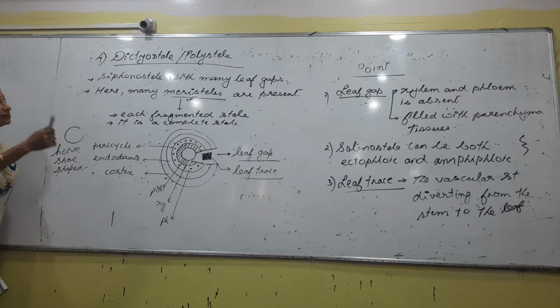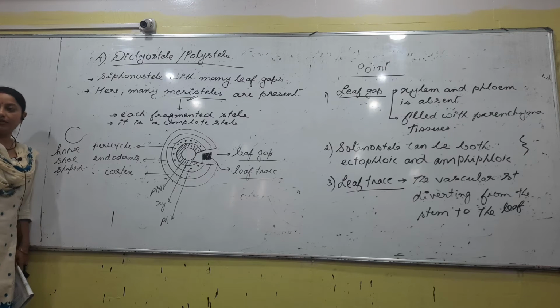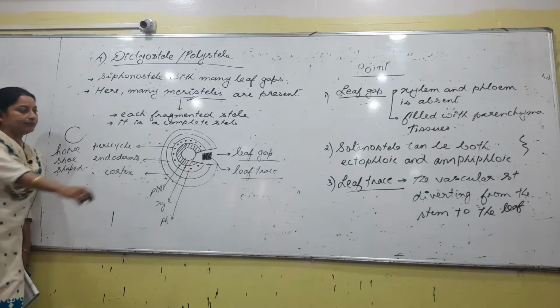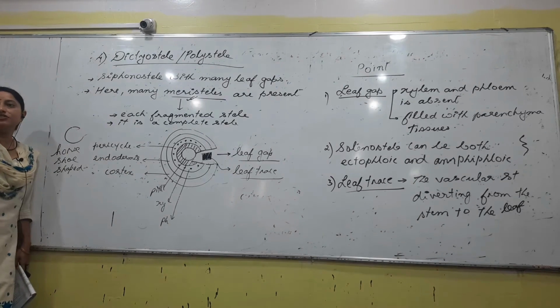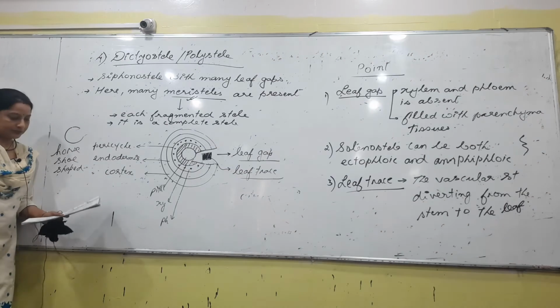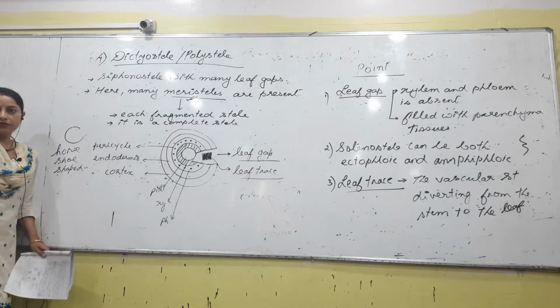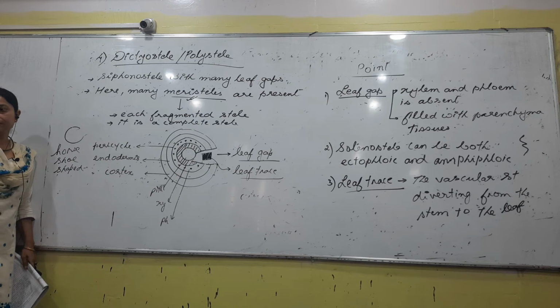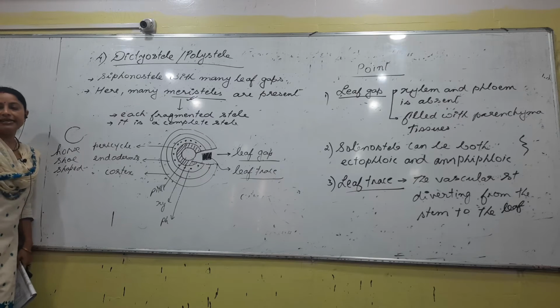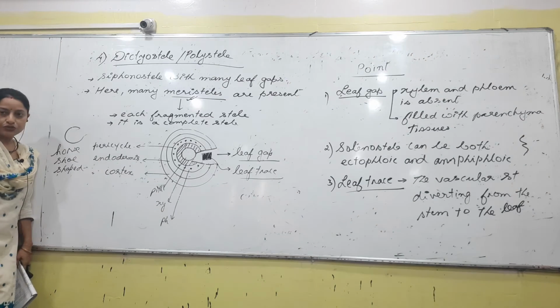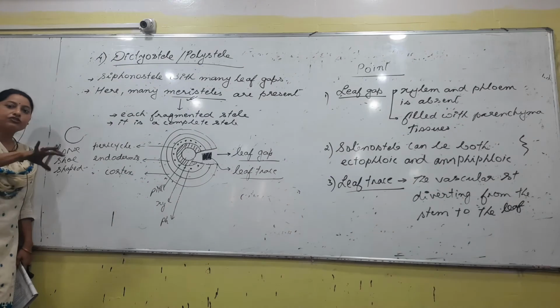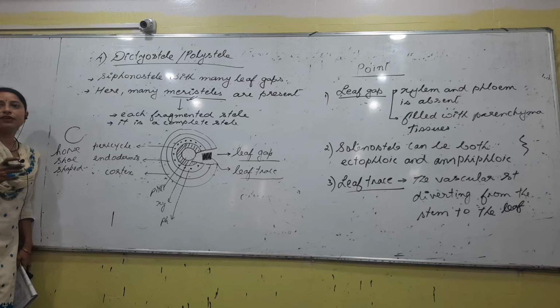So in the previous discussion that we have done, write down horseshoe shaped there. What is the shape of the Solenostele? Horseshoe shaped. Sorry, not solenostele, siphonostele. No, last one, solenostele. Solenostele is horseshoe shaped. And why did it become the horseshoe shape from a circular diagram? Because we have seen the development of just one leaf gap, right?